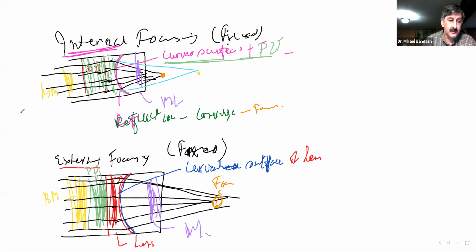But both of these were examples of fixed focusing. The only difference between the two is that external focusing is a lens in the transducer with a curved surface that causes the sound waves to refract and focus at a specific point at a specific depth.